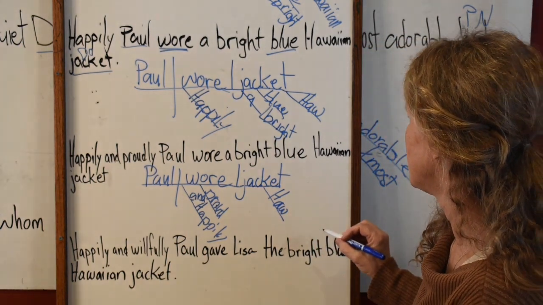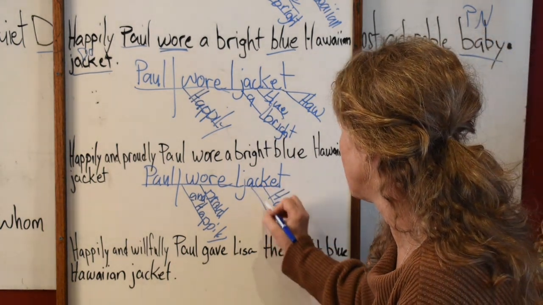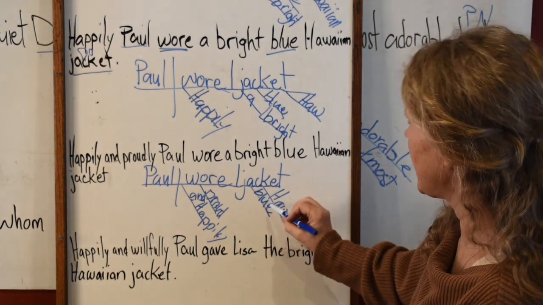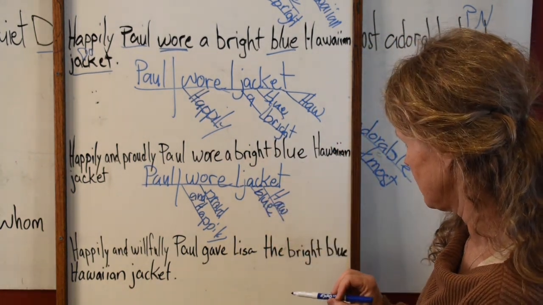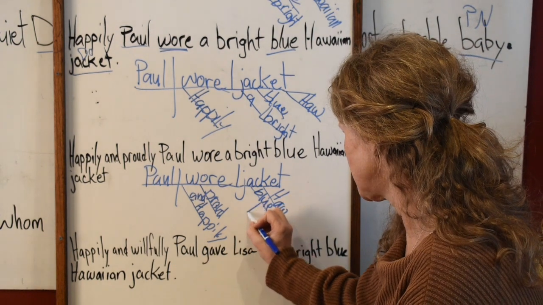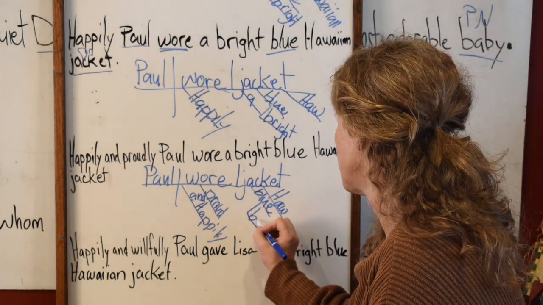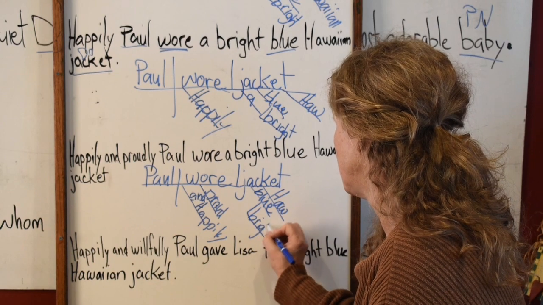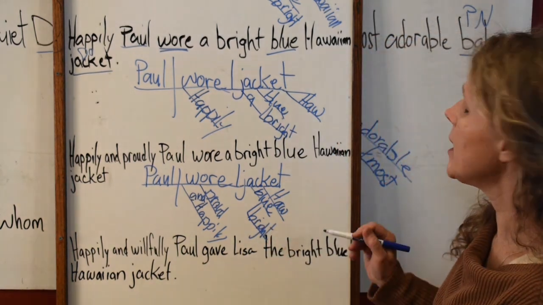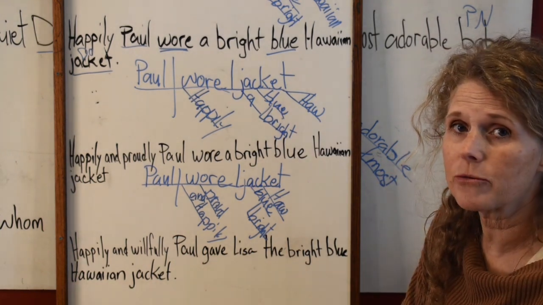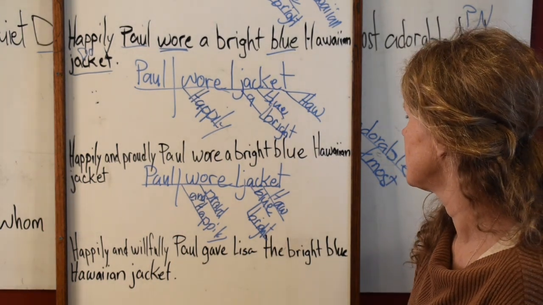Blue is an adjective describing jacket. Bright is an adverb describing blue. And we have an article in here describing the noun jacket. What is it?